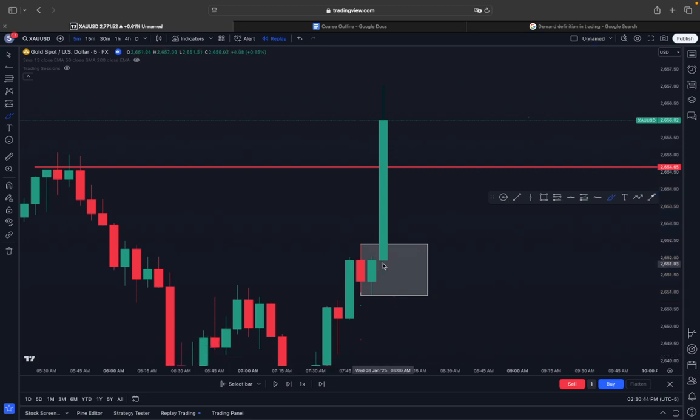But we got our bearish candle, that last bearish candle before the bullish momentum up.